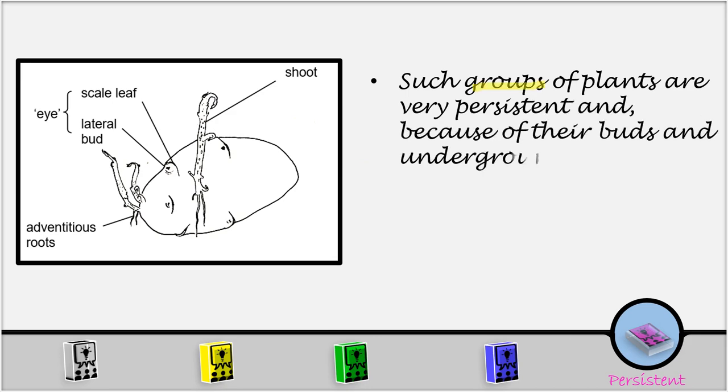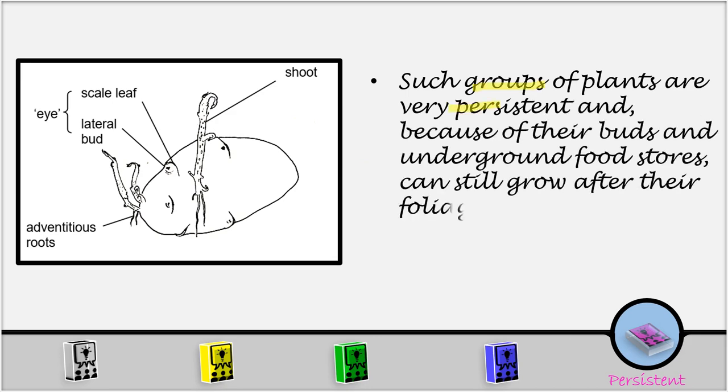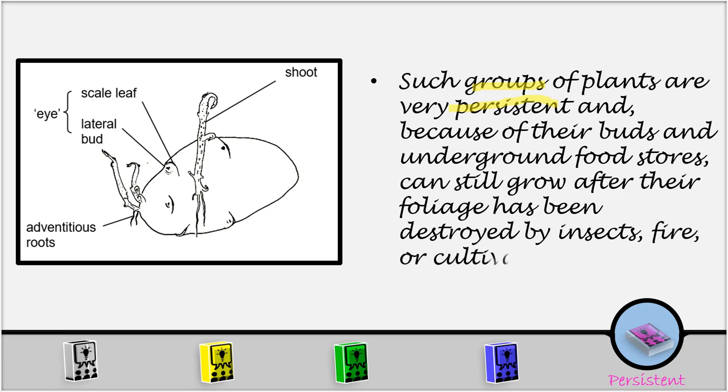Such groups of plants are very persistent, because their buds and underground food stores can still grow after their foliage has been destroyed by insects, fire, or cultivation.